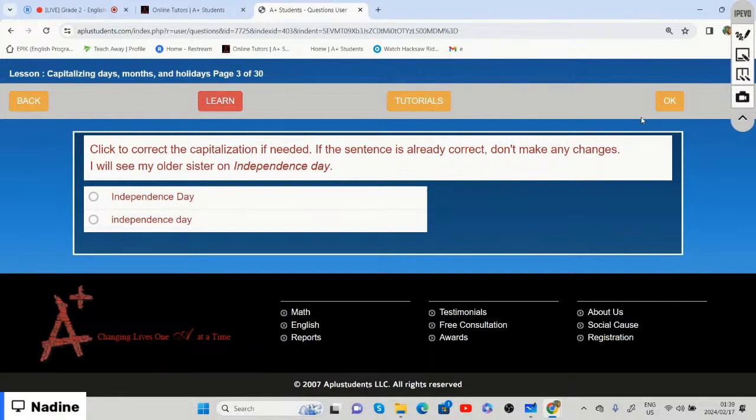Do we write Independence Day like option one, or do we write Independence Day like option two? So Independence Day.